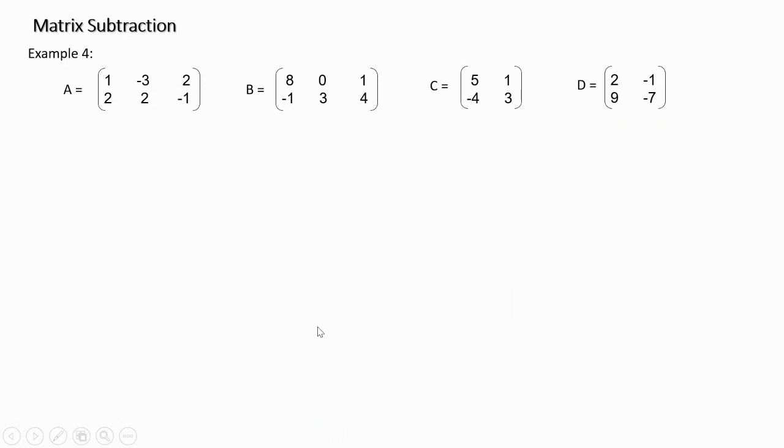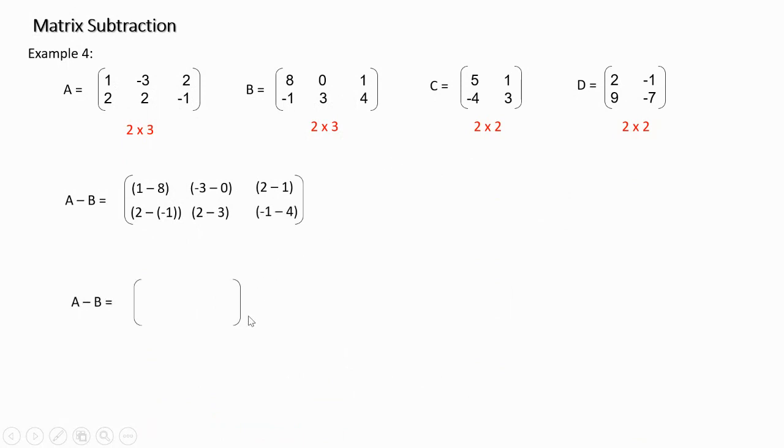Now, example 4. Again, 2 by 3 and 2 by 3, right? Because first we have to have the same size of matrix and the same number of elements in each matrix. Now, let's subtract. So A minus B. It's going to be 1 minus 8, negative 3 minus 0, 2 minus 1, 2 minus negative 1, 2 minus 3, negative 1 minus 4.